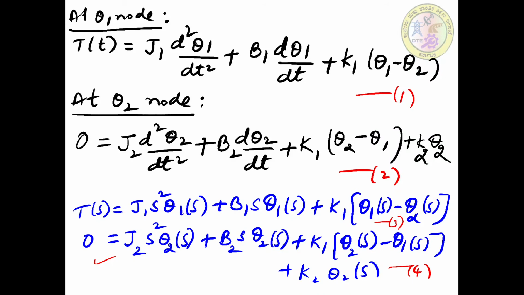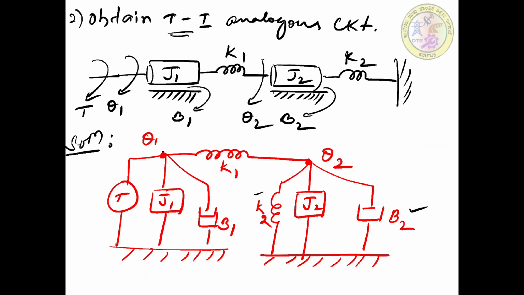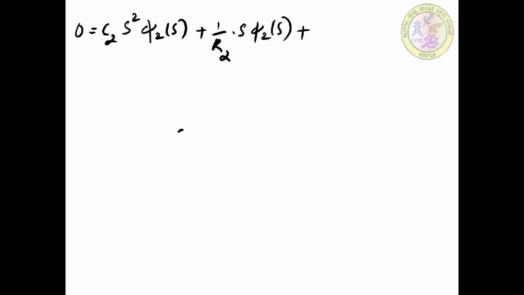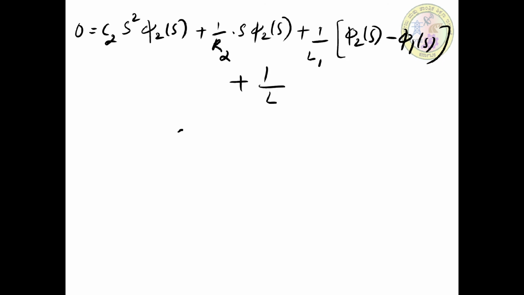See here there is a spring element k1 as well as one more k2, so therefore 1 by L1 into phi 2 of s minus phi 1 of s, okay, plus the last term 1 by L2 into phi 2 of s.